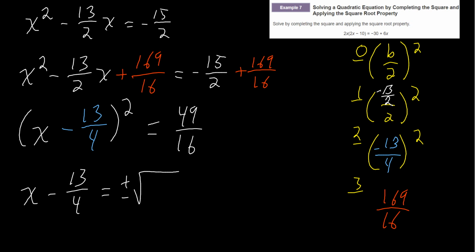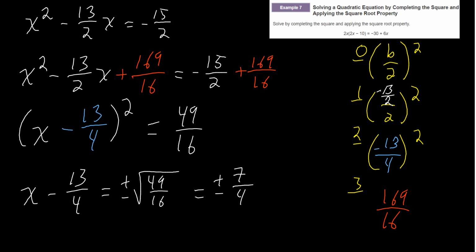Because the square root of 49 over 16, since 49 is a perfect square and 16 is a perfect square, we can simply say it's equal to plus or minus, well, the square root of 49 is 7, the square root of 16 is 4.